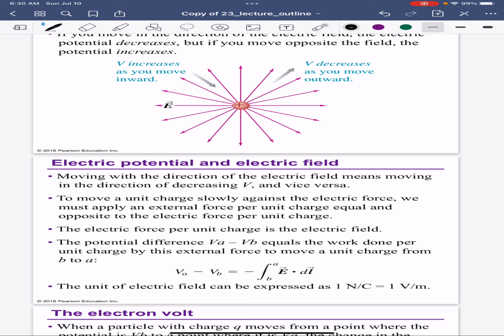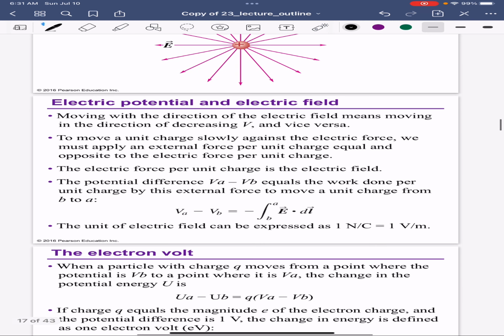If we slowly move a unit charge, which means 1 coulomb, against the electric field, we must apply an external force, and the amount of that external force per unit charge is equal and opposite to the electric force per unit charge, which is the electric field.